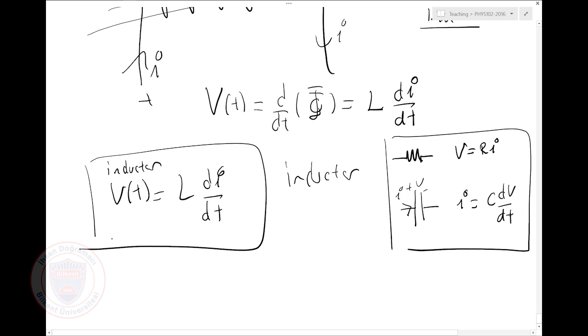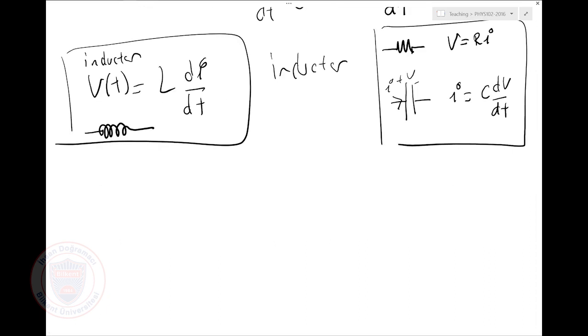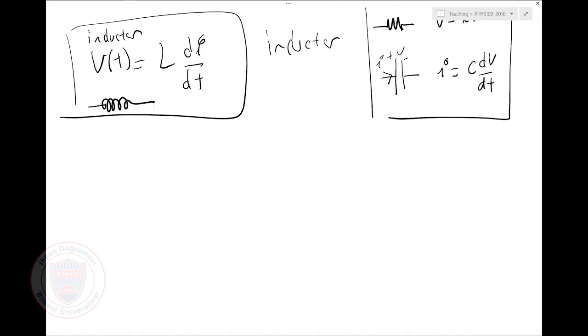Not quite surprisingly, the circuit element symbol is something that looks like a solenoid. Okay. Good. Now, what can we do with the solenoid? Let's look at what that formula tells you: L times di dt. It tells you that this element responds to change in current.